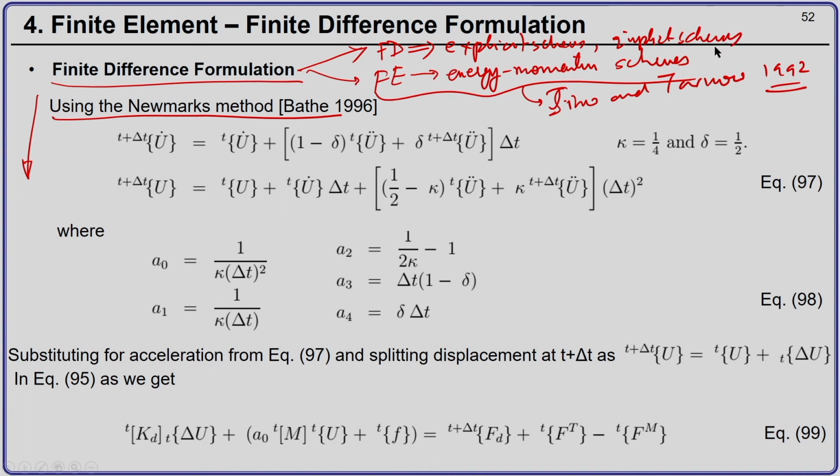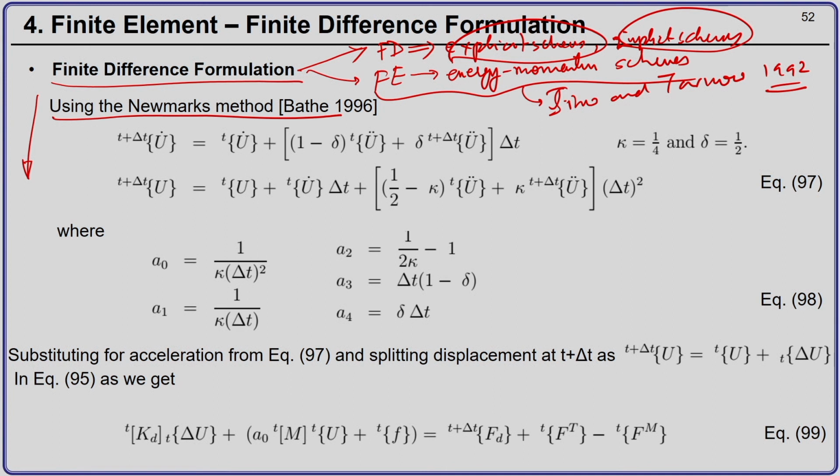Implicit schemes need the Newton-Raphson iterative procedure. Explicit schemes, on the other hand, do not need the Newton-Raphson iterative procedure. Explicit schemes are only conditionally stable, while implicit schemes are, at least for linear problems, unconditionally stable, but for nonlinear problems they can be unstable, however you can take a much larger time step.